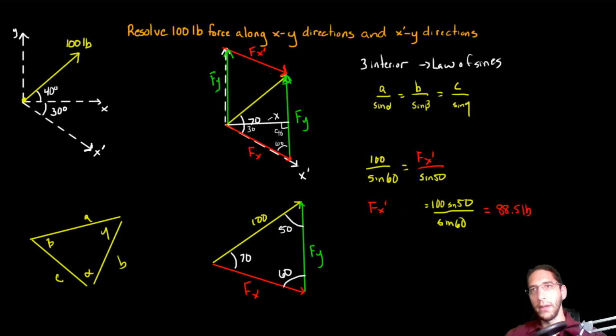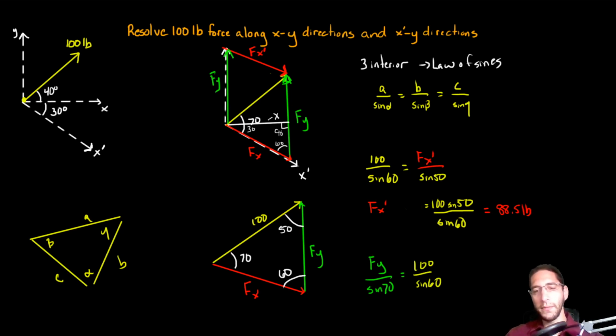So we get f of x prime is equal to 88.5 pounds. Now we're going to do the same thing with fy. I tend to like using this again in case I had made a mistake when I'm calculating f of x. But when I do this, I'm going to get f of y over the sine of what? y is across from 70. So over the sine of 70 is equal to 100 over the sine of 60.